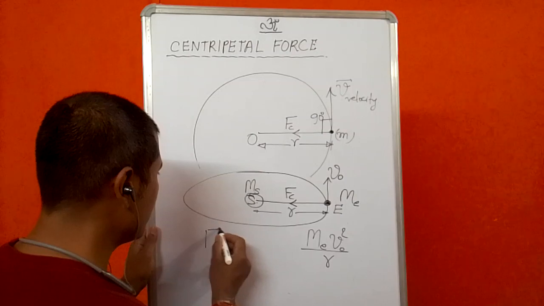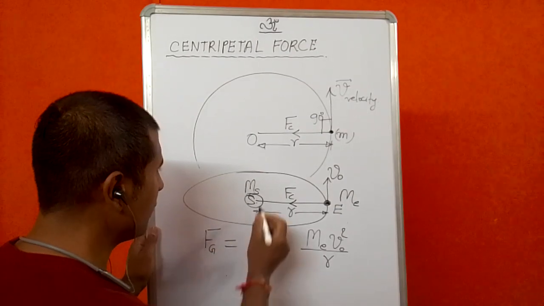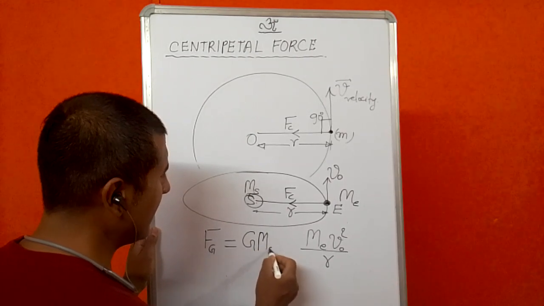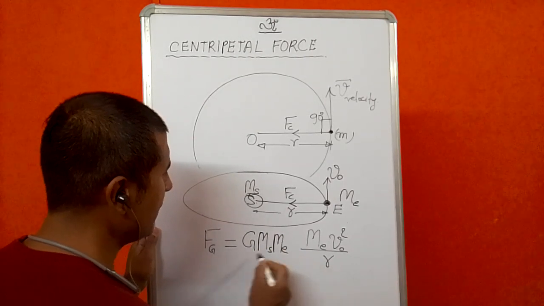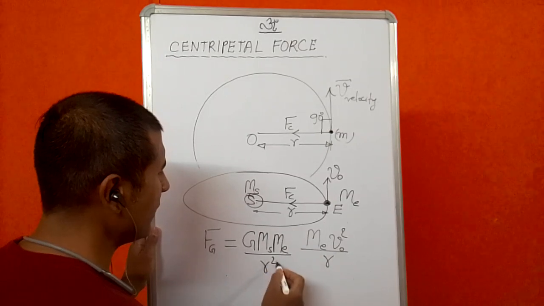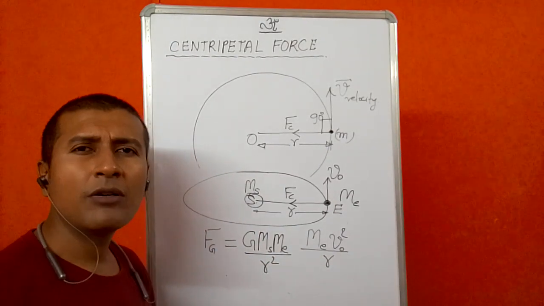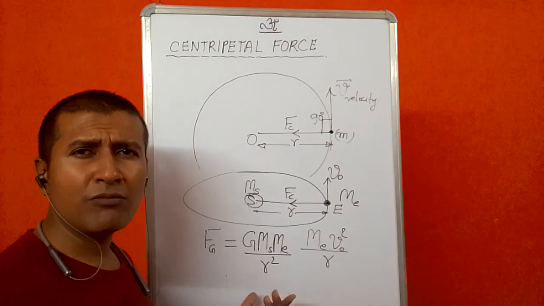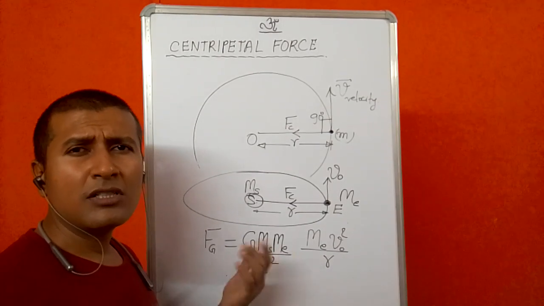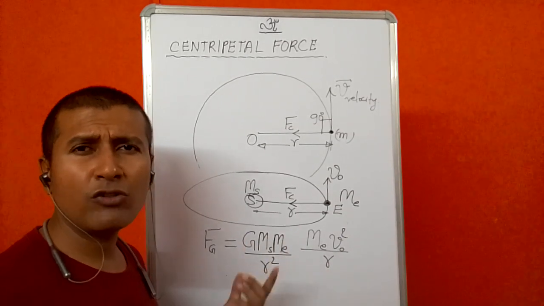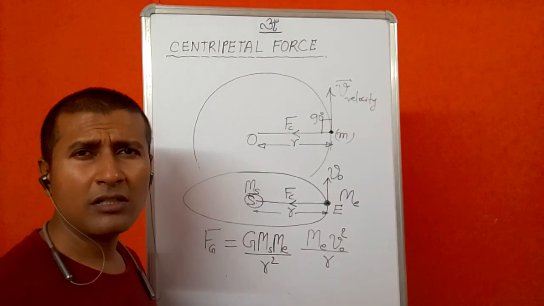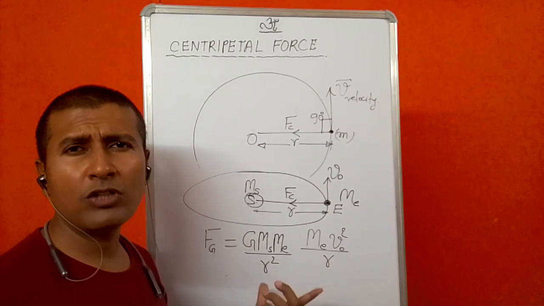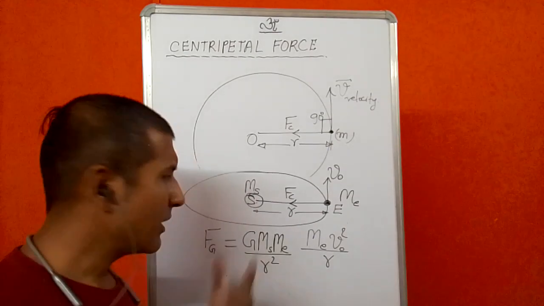The value of that force, that is Fg, is equal to G ms me upon r square, that we have studied in gravitation, right? That if two bodies are there, the gravitational force between them will be equal to capital G into mass of one body into mass of another body upon the square of the distance between the two bodies, right? This point is clear? Correct?